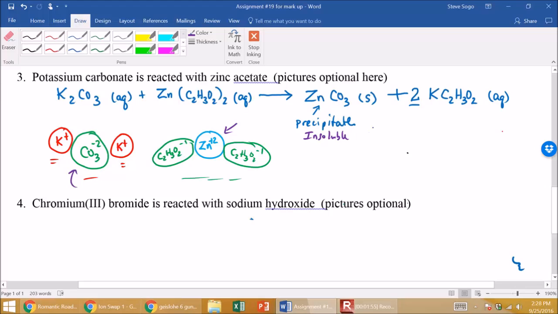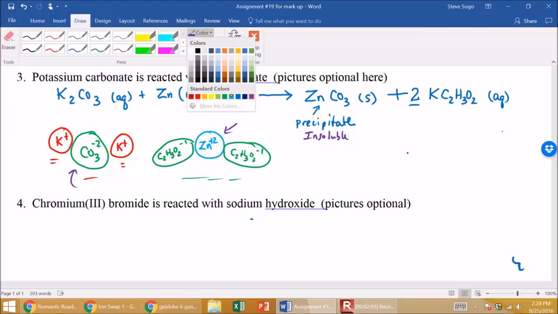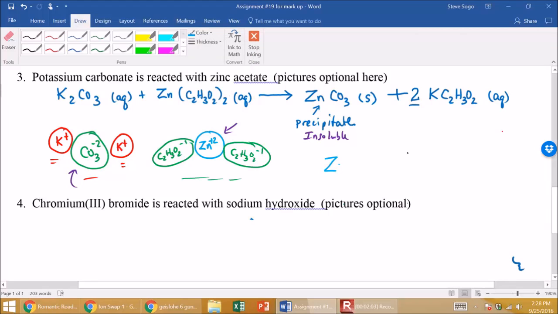That's what makes it a precipitate. That indicates that their bond is strong. So that will mean that I draw those 2 ions bonded together. Zinc is a +2. Carbonate is a -2. You can see I only need 1 of each, so that's why it's as simple as ZnCO3.